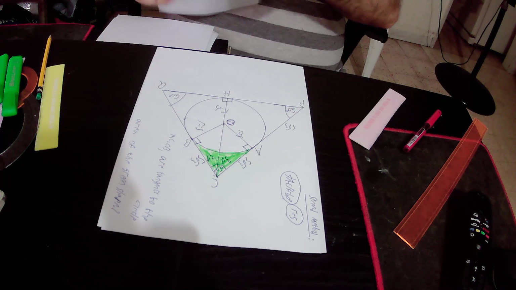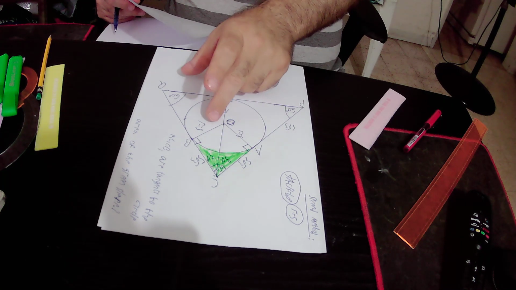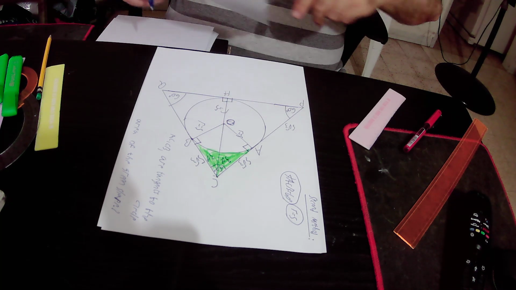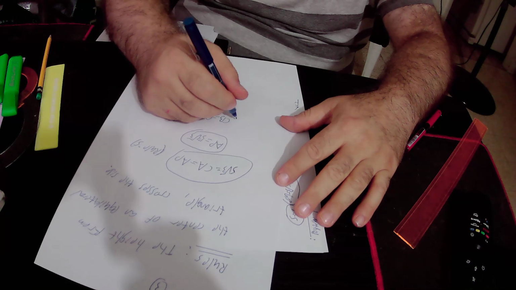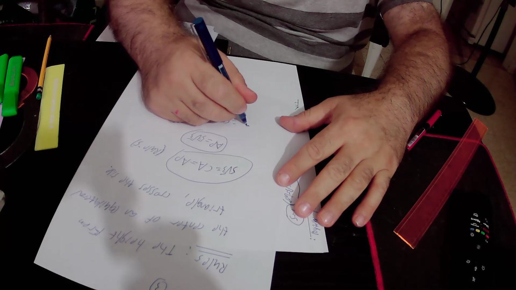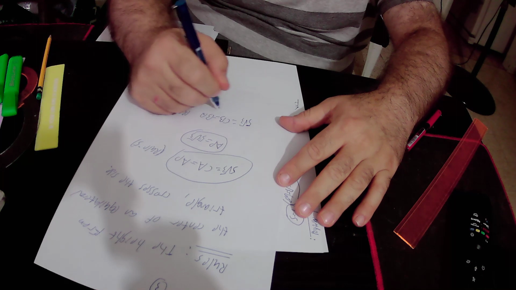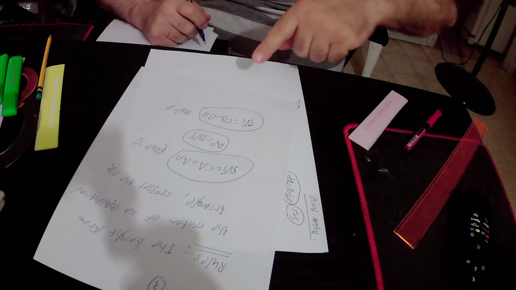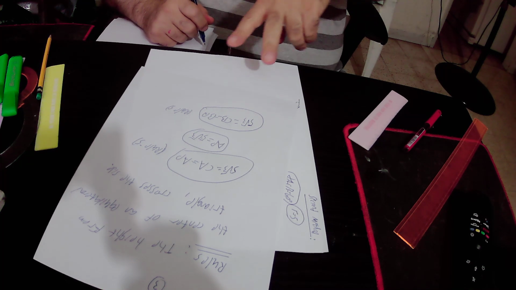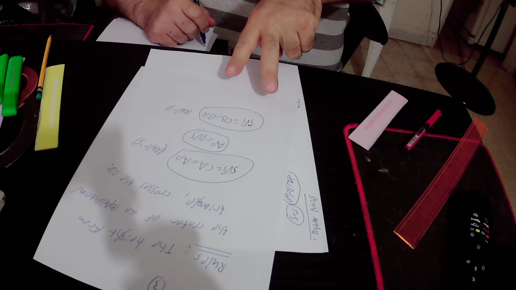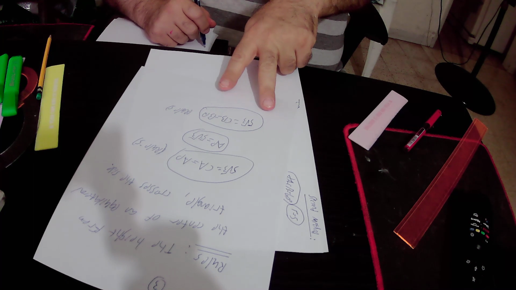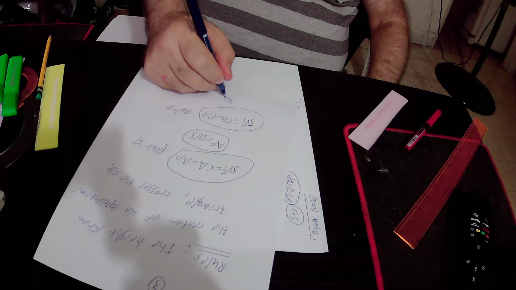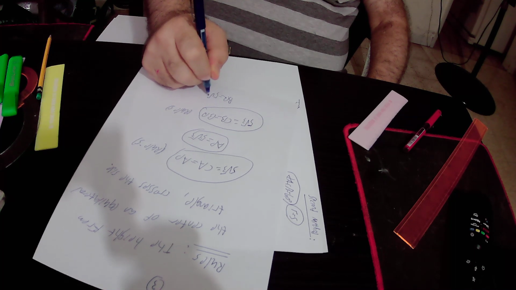But we know that CB equals to 5 times root 3 units. So from this equality we can derive that BQ also equals to 5 times root 3 units.